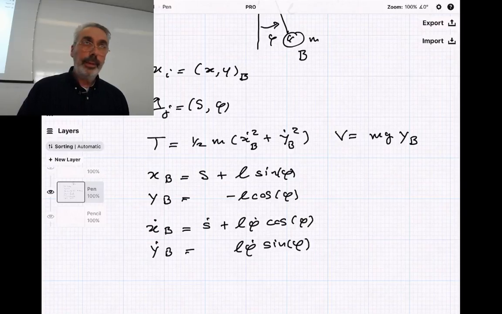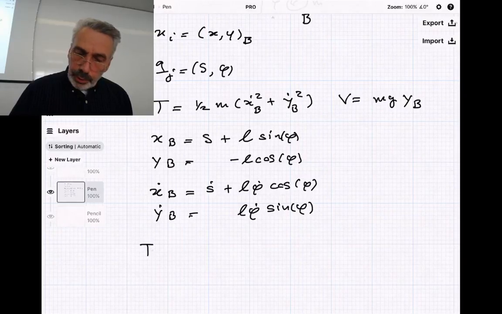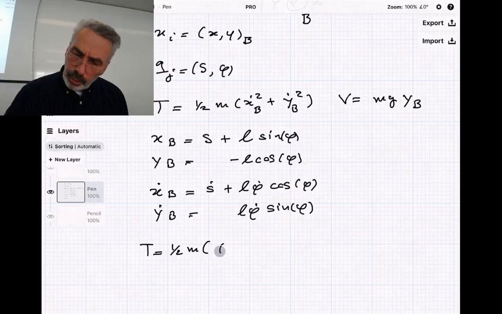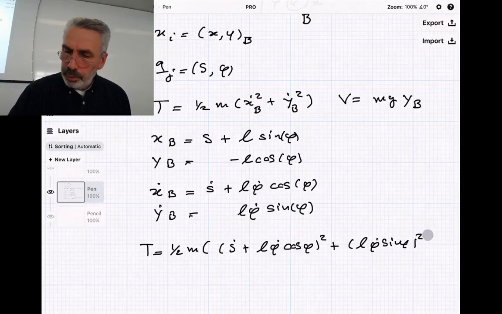Yep. Then we substitute that in the kinetic energy, so we get T equals 1/2 m times (s dot plus L phi dot cosine phi) squared plus (L phi dot sine phi) squared.